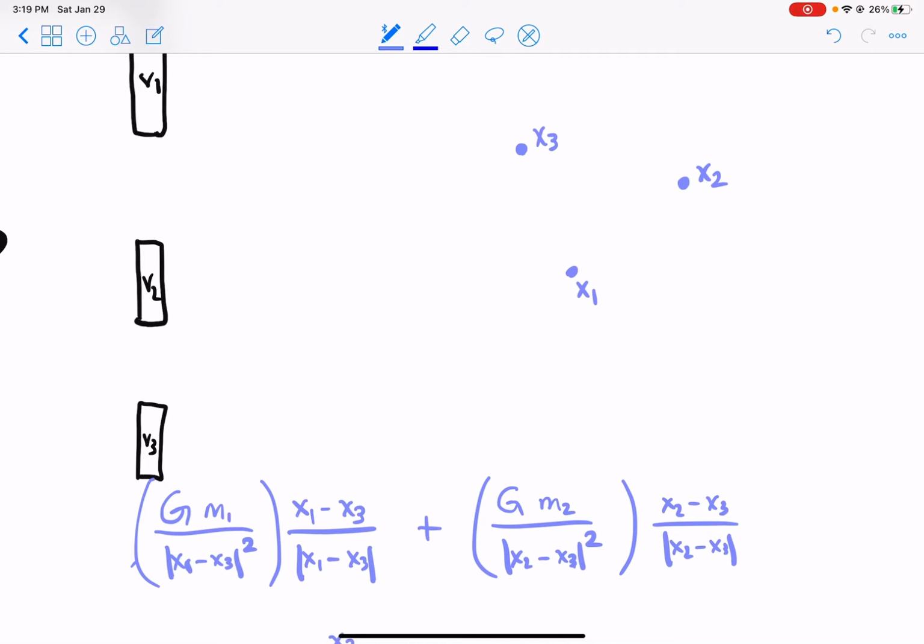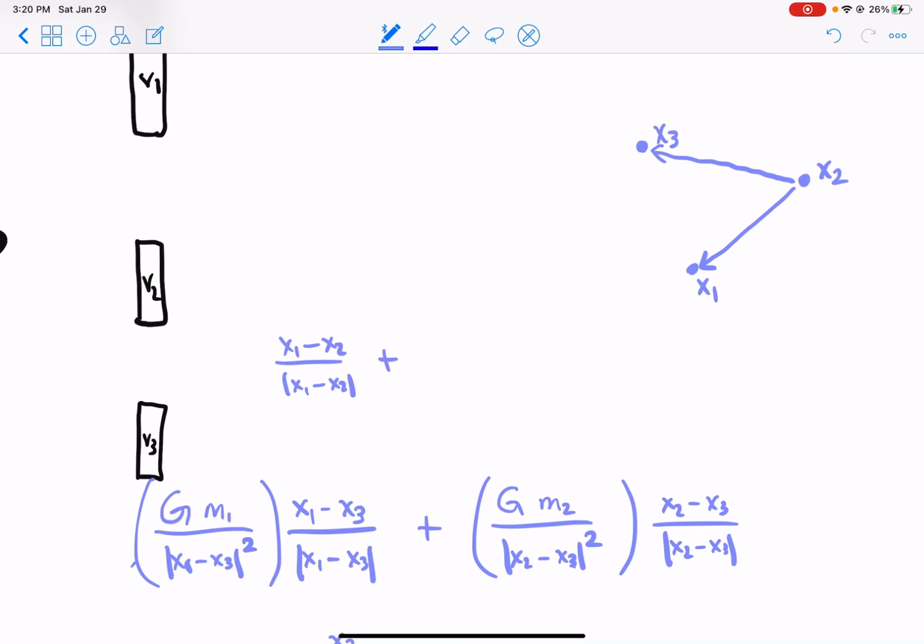So the acceleration on the moon, well, the spaceship is going to pull on the moon a little bit, and also the Earth will pull on the moon a lot. Okay, so it'll have two contributions. So I will have what the Earth pulls on the moon, plus a vector in the direction of the spaceship pulling on the moon. So final minus initial.